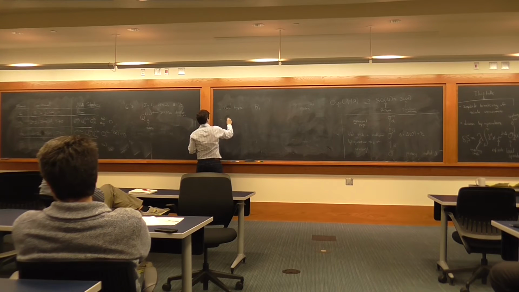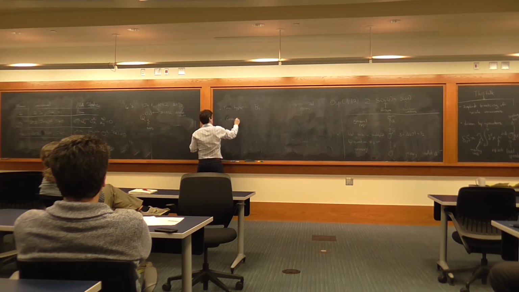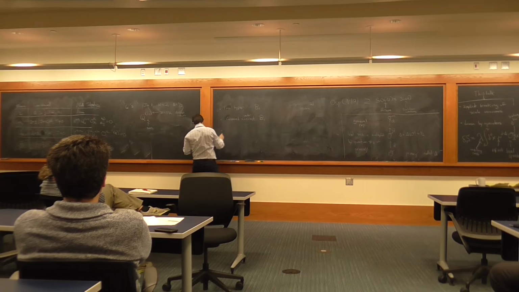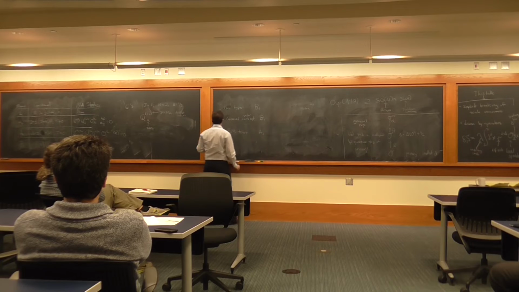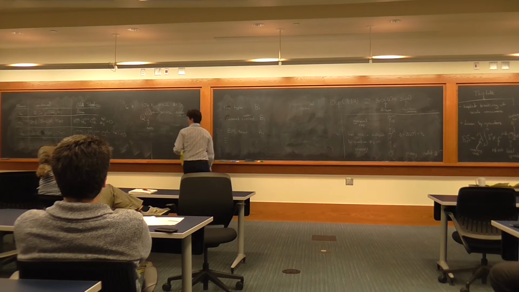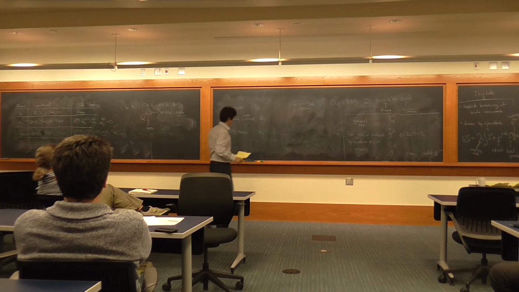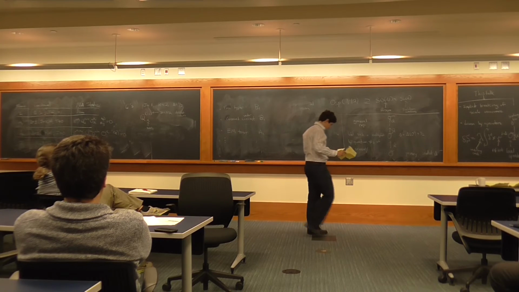A conserved vector current is also a V1. The energy momentum tensor turns out to be an A1, etc. So all of these possibilities are actually realized in simple field theory. So it's not like that's overkill. They really are all saturated.